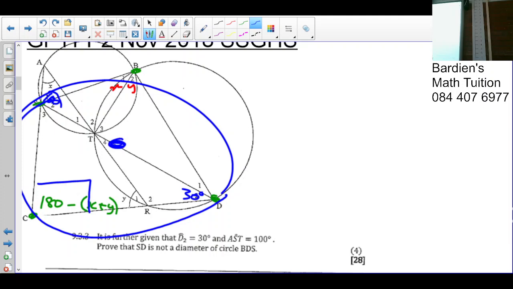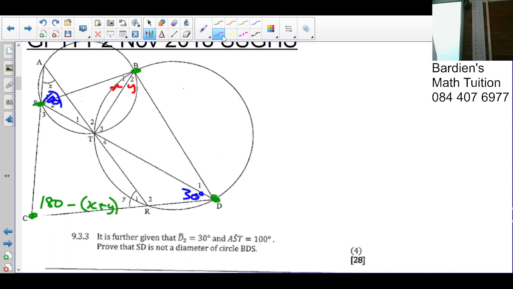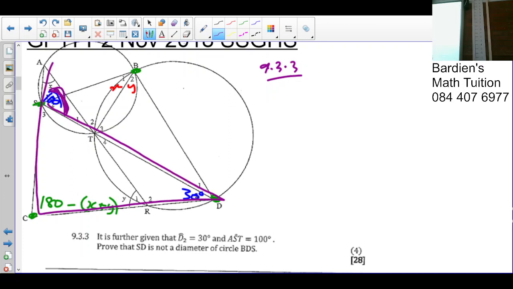Right, so let's go. We're going to now prove that that angle is not 90. Remember, they gave us this to be 100 degrees, this to be 30 degrees. This is a triangle here, and this is your exterior angle of the triangle.